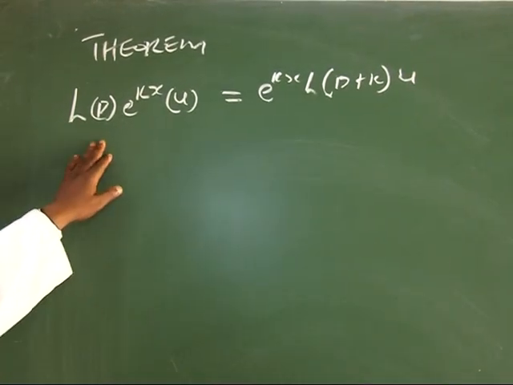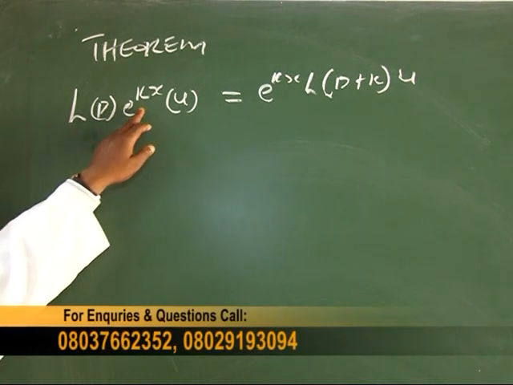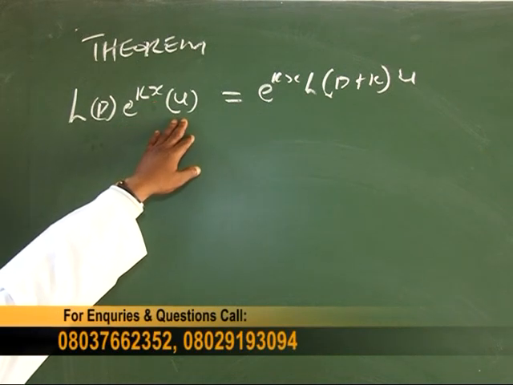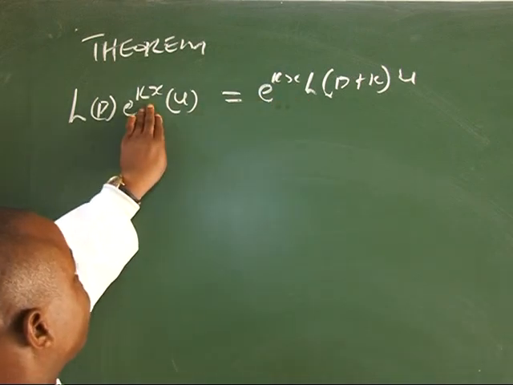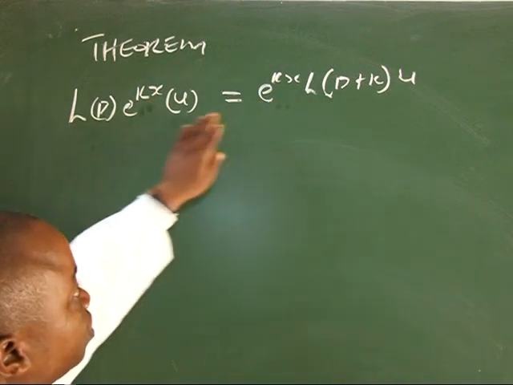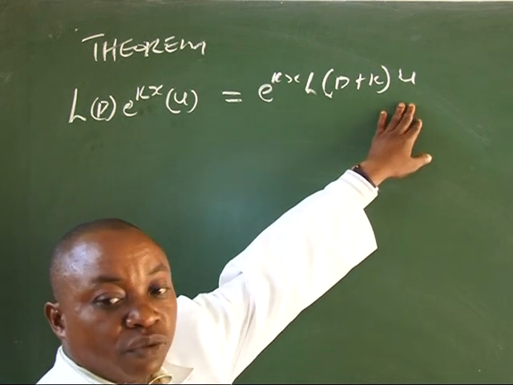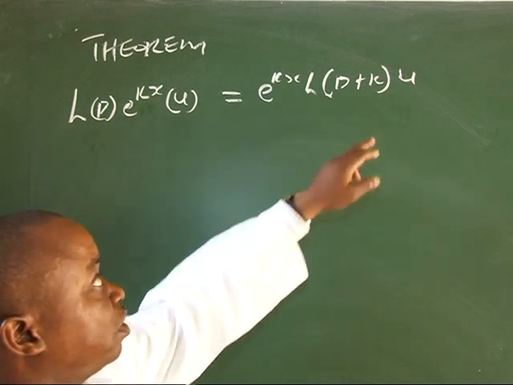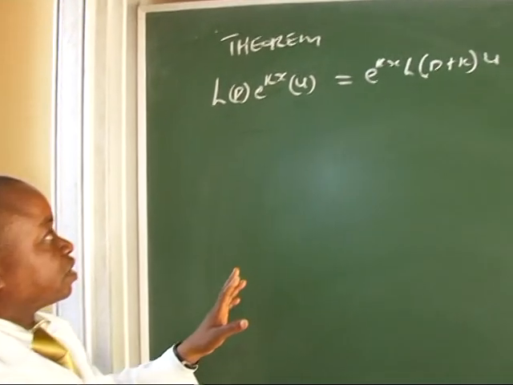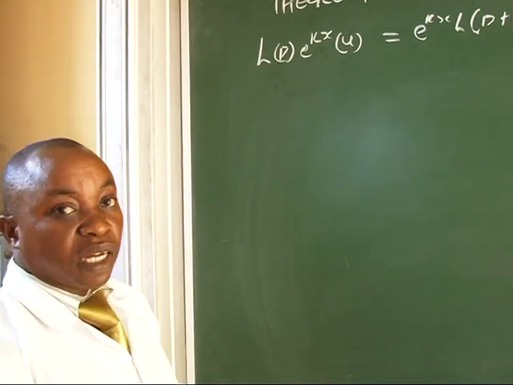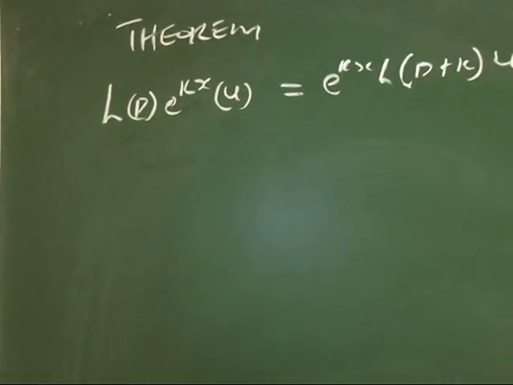What I mean is, if I have exponential kx, and u is also a function, it will be equal to exponential kx, bringing this exponential function out, then I have L(D plus k) times u, another function also. So I would like us to pick an example, because this is where we want to apply operator D in solving differential equations. Let's pick an example.